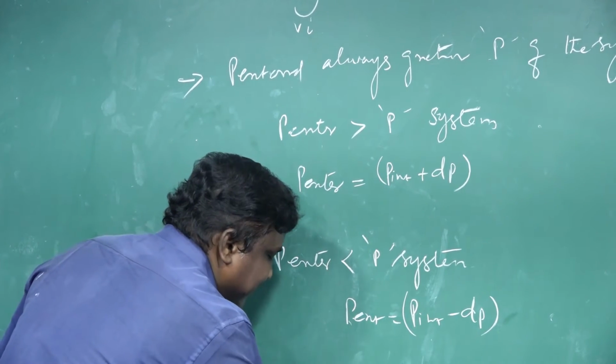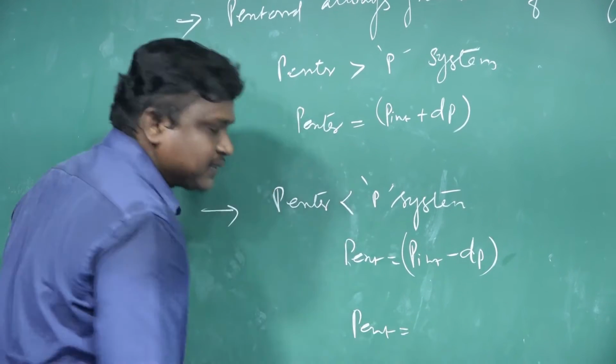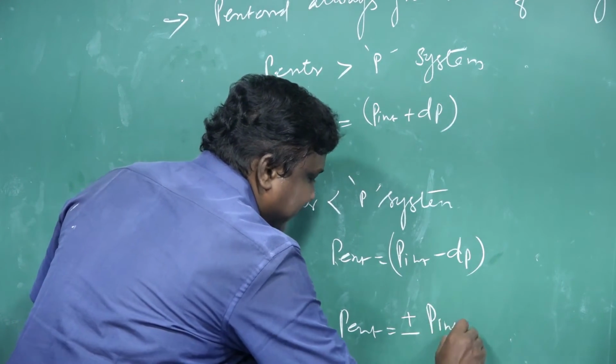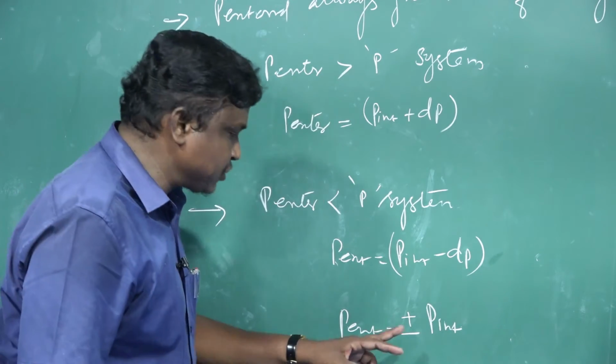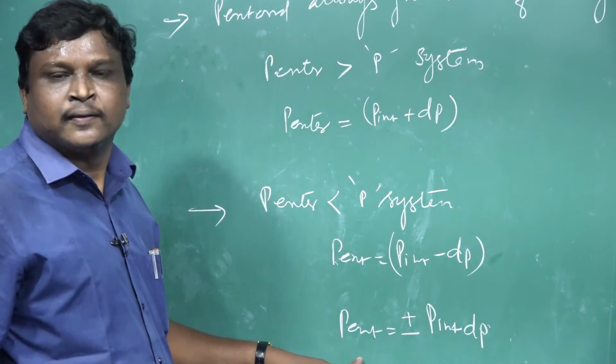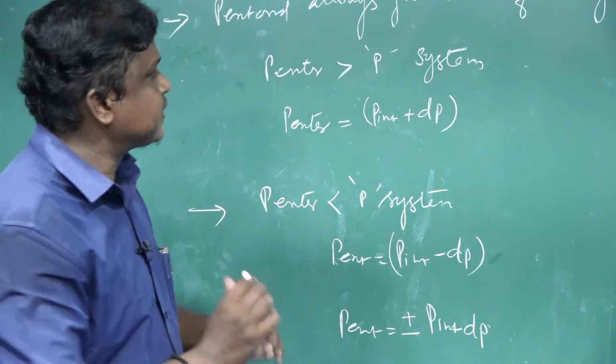Finally, external pressure equals internal pressure plus or minus dP. So the pressure is not constant.